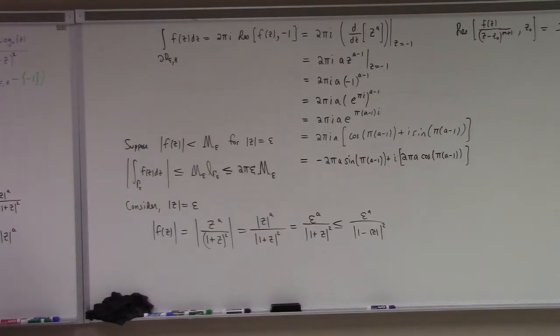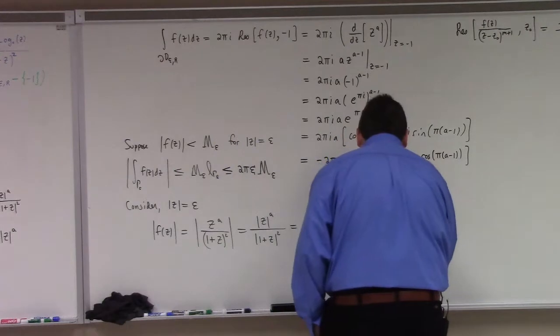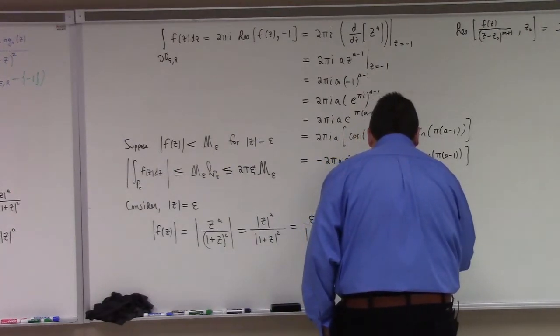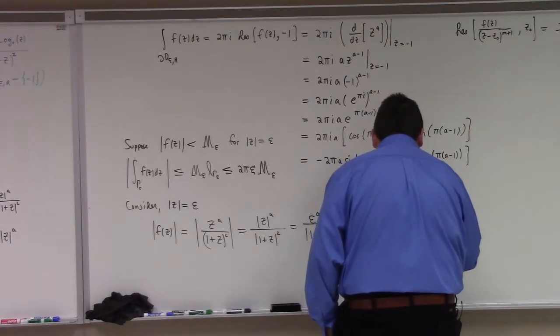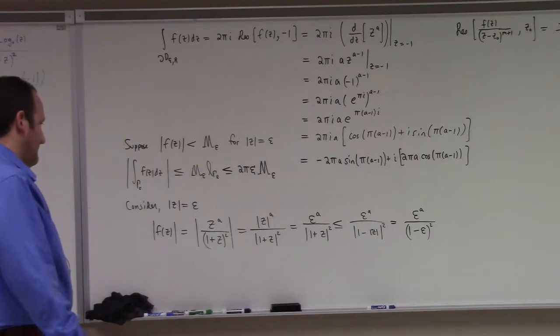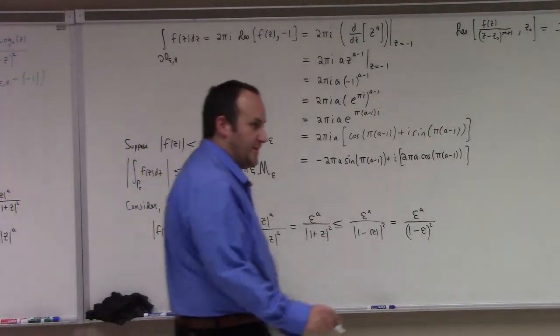Of course, that's still true if you square it. Now we're looking at epsilon to the a over 1 minus epsilon quantity squared. So there's our m sub epsilon.